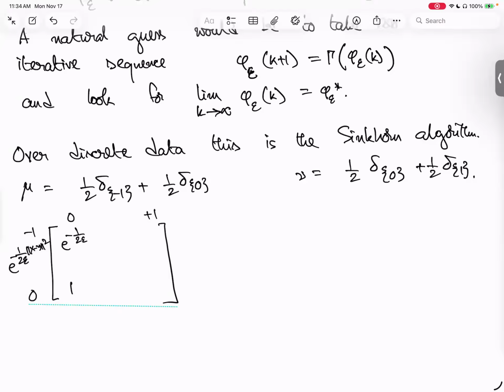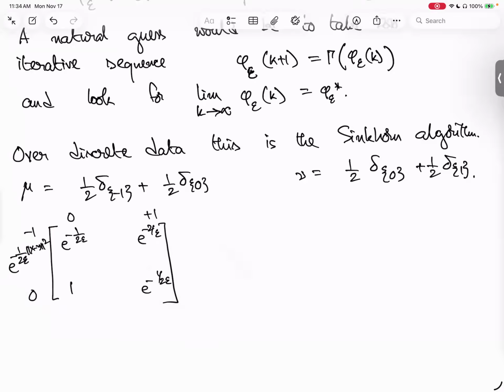Then when I have +1 and -1, I get e to the power -2 over epsilon. And then for +1 and 0, I get e to the power -1/2 epsilon. Now, I want both the marginals to be uniform. In this particular matrix, none of the marginals are uniform. In fact, this is not a probability matrix.